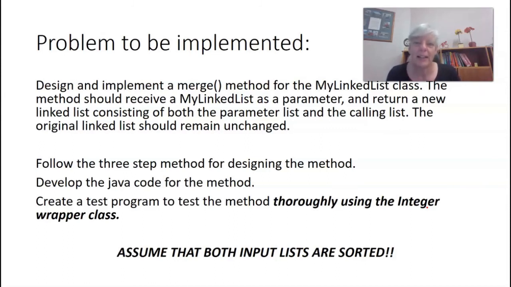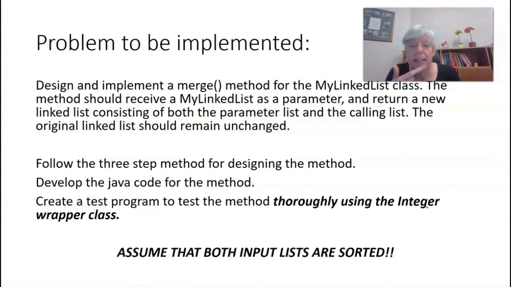The main thing that you need to understand is that there are two lists. Design and implement a merge method for the class MyLinkList. The method should receive a MyLinkList as a parameter. So there's the calling list and the one that's received, and return a new linked list consisting of both the parameter list and the calling list.